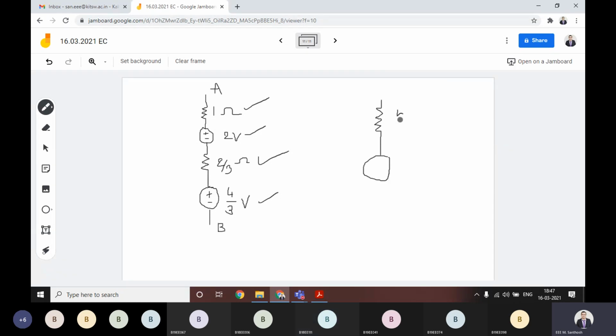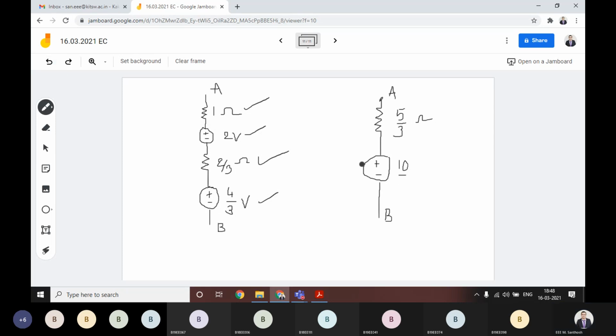Very good. 1.6 or 5 by 3. This is 0.8. Then what is the voltage value? 3.33. 3.33 or 10 by 3.